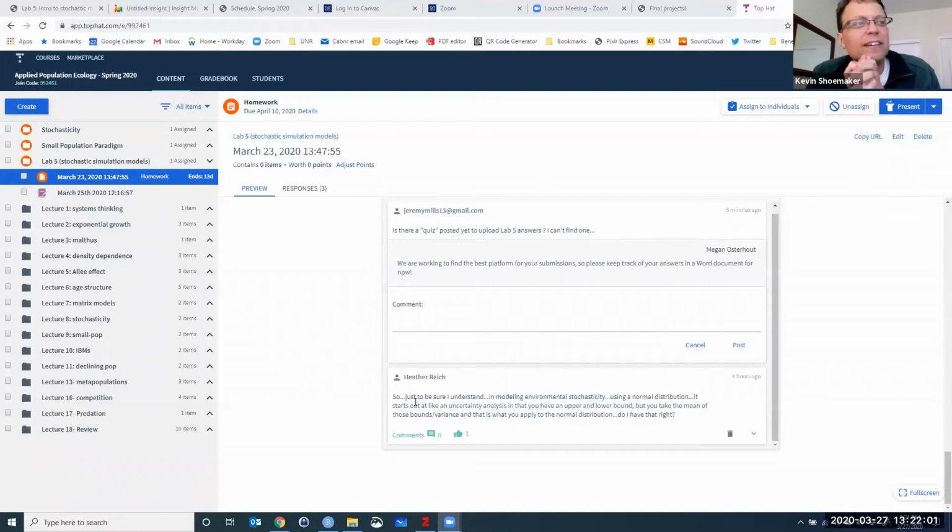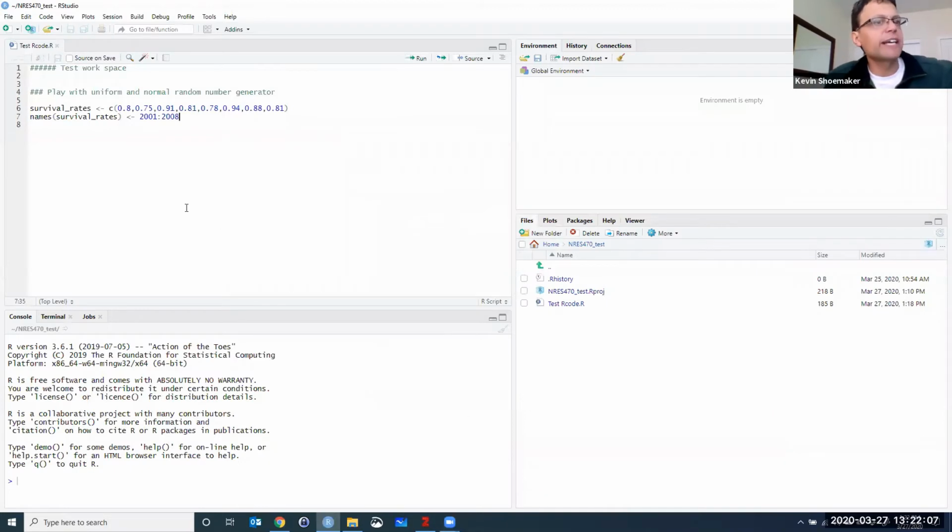And I think really what we generally have, and I'm going to move over to R here, is more like a set of data that we're fitting. So when we're trying to understand and model environmental stochasticity, ideally we have some data behind that to allow us to better understand how variable our system actually is.